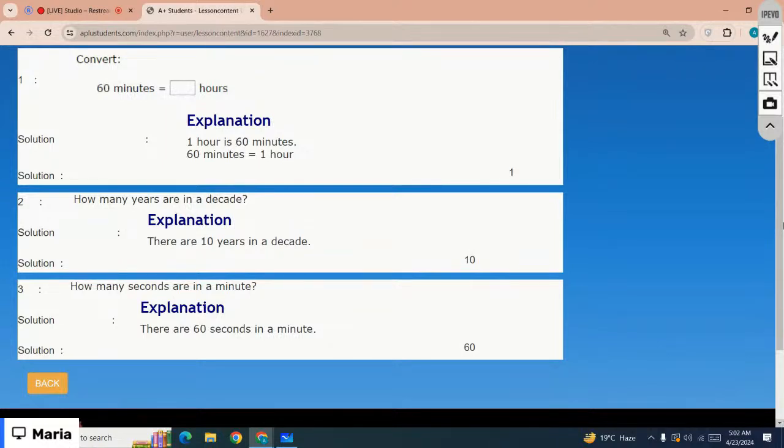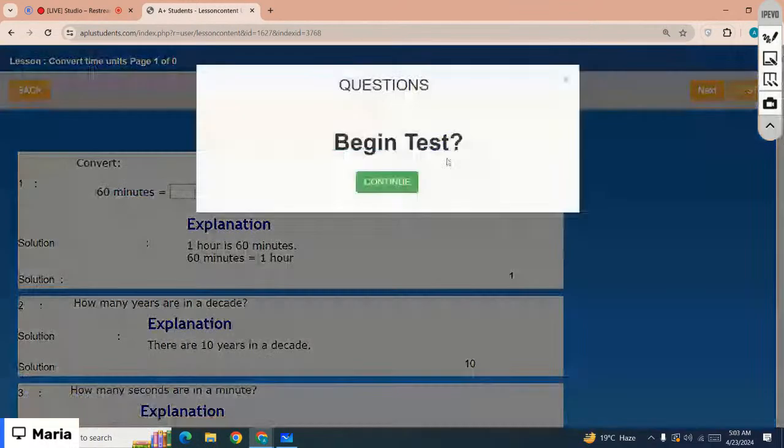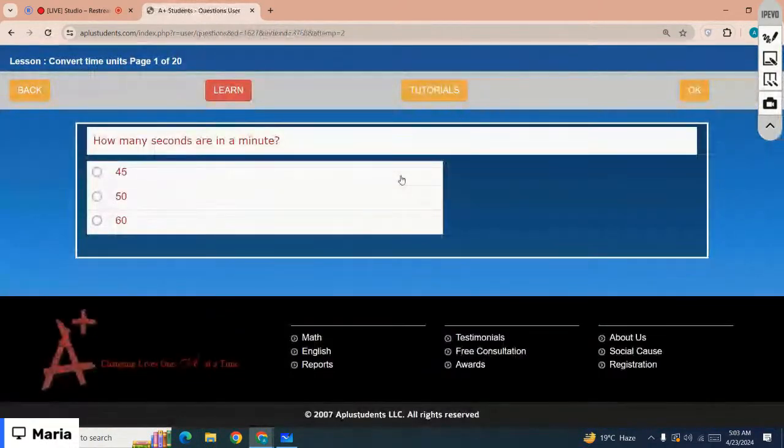Let's just start with the next lesson. How many seconds are in a minute?